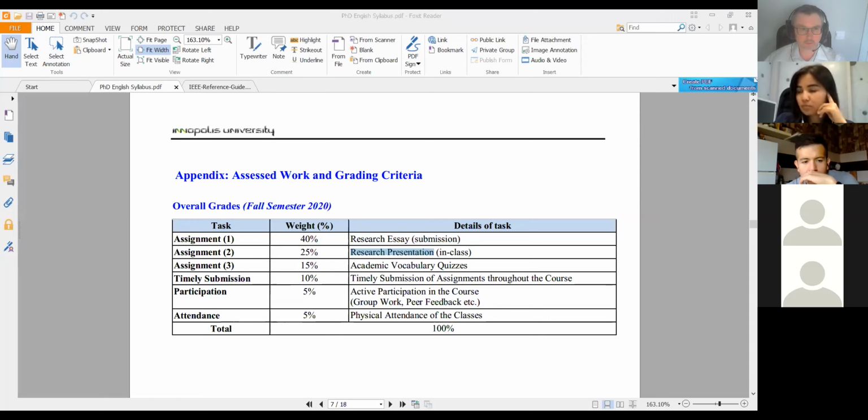If you don't have access to Moodle, you can go to your Telegram group and open the syllabus from there.